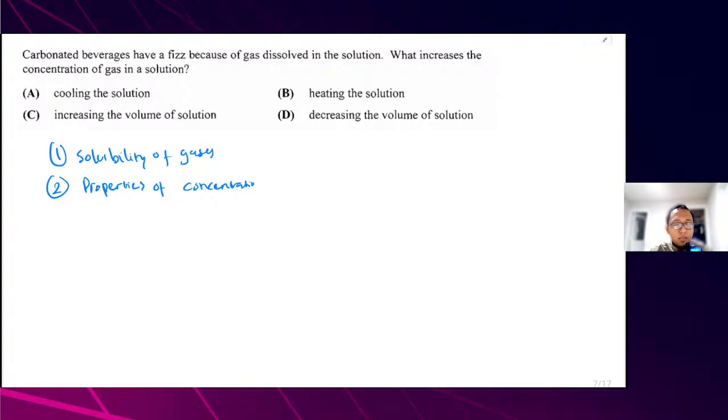Carbonated beverages have fizz because of dissolved gas. We need to know the concept of gas solubility.